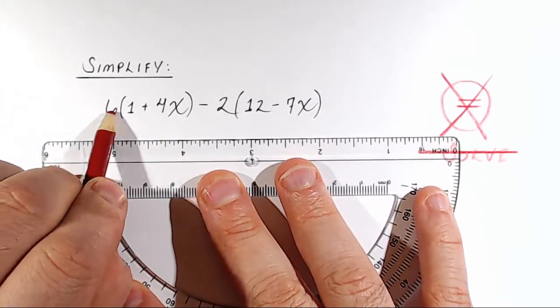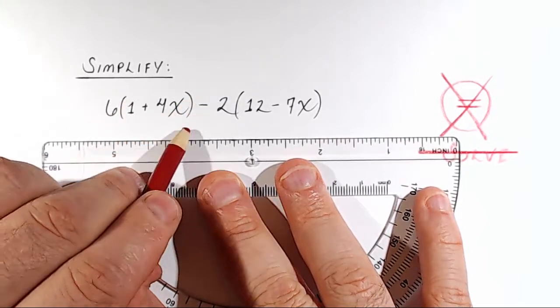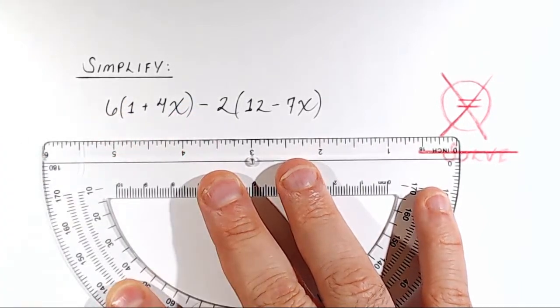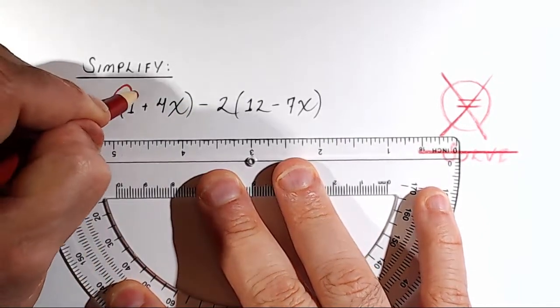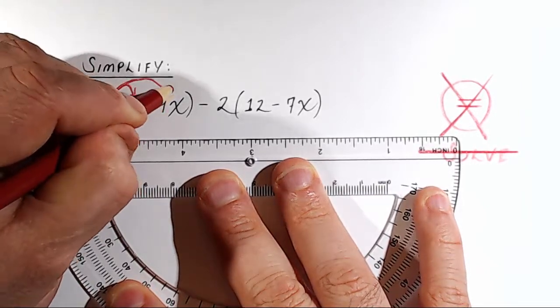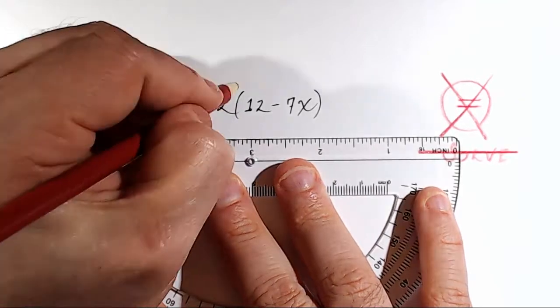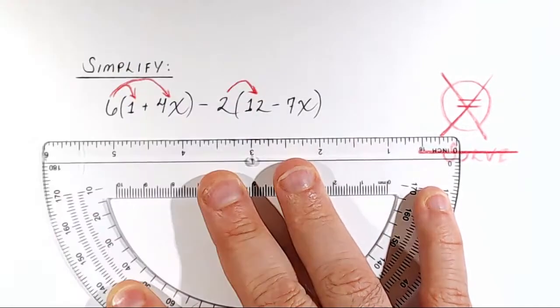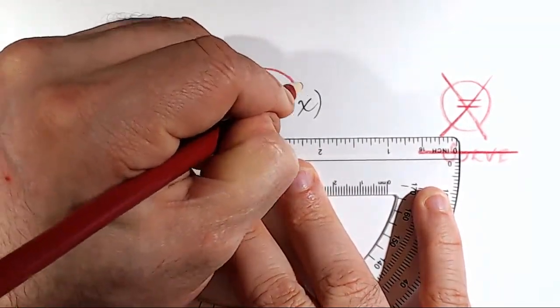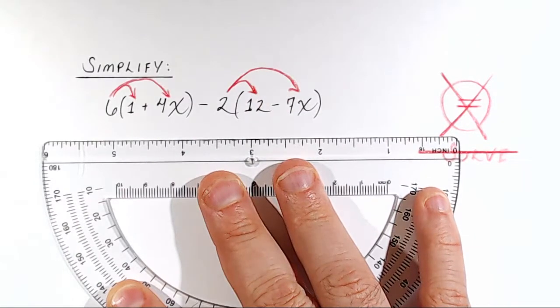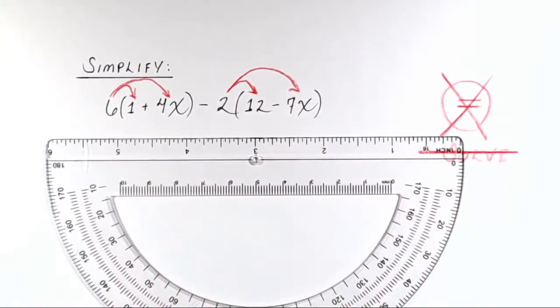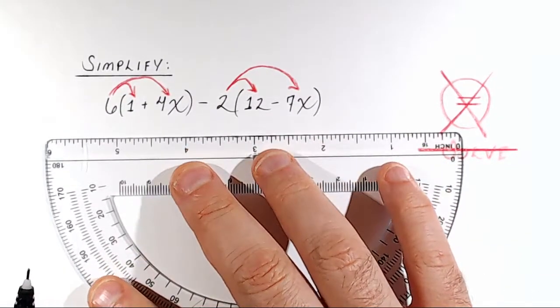Here I've got 6 multiplied by this whole expression, 1 plus 4x, and I'm just going to distribute the 6. And then over here I've got 2 times 12 and 2 times negative 7x. Okay, and those two expressions are subtracted from one another.